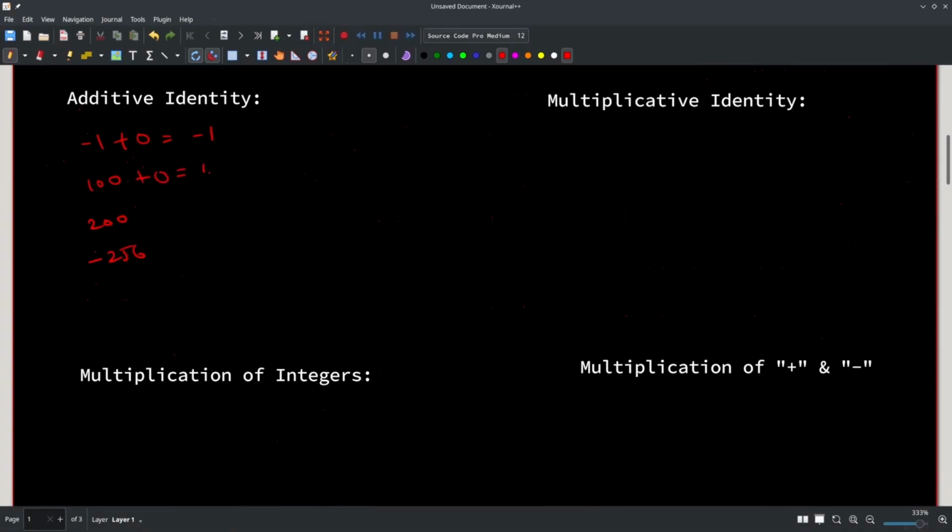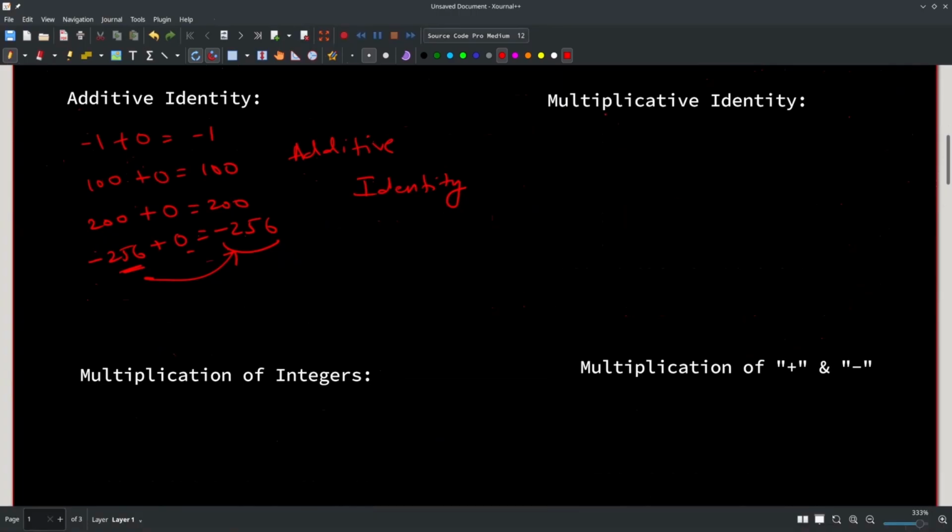That means the answer is going to be itself. Any number that is being added to 0 is going to result in itself. So that is your additive identity.